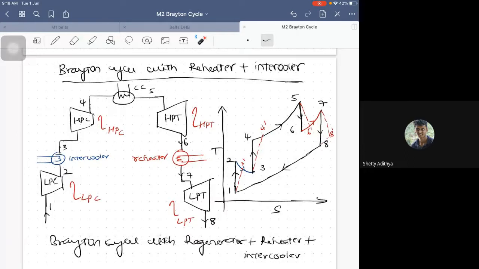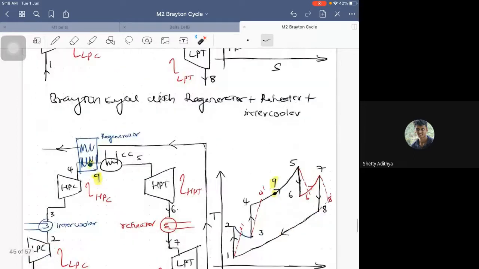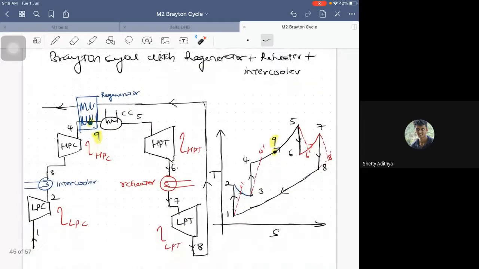Intercooler in the sense 2 stages of compression, reheater in the sense 2 stages of expansion. So a Brayton cycle with reheater as well as intercooler has 2 stages of compression and also 2 stages of expansion. Now what if I introduce a regenerator, reheater and intercooler?